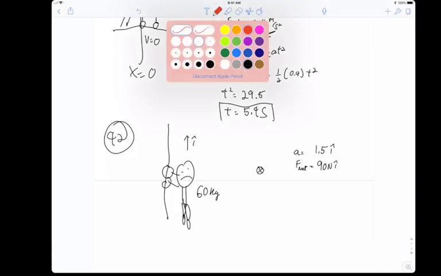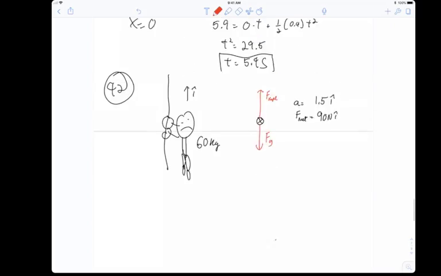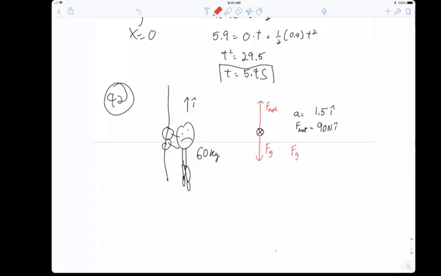But there are two forces acting on me. There's a force from the rope pushing up. It's not a tension force. It's kind of a tension force. It's like the friction force between my hands and the rope. And then gravity pointing down, which is 9.81 times 60, minus 588.6 i hat.